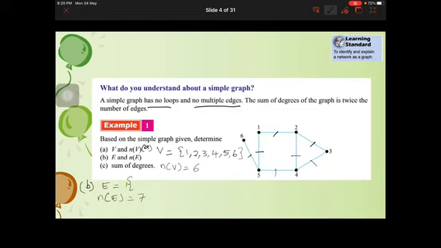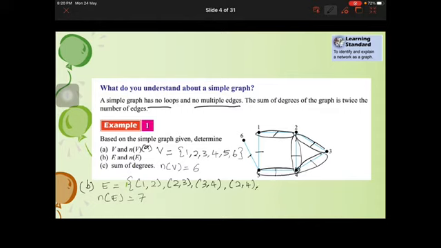For example, 1 connects with 2, that is the first edge here. Now the second edge here is 2 connects with 3, and then 3 with 4, then we also have 2 with 4, then 4 to 5, and then we also have 1 to 5.